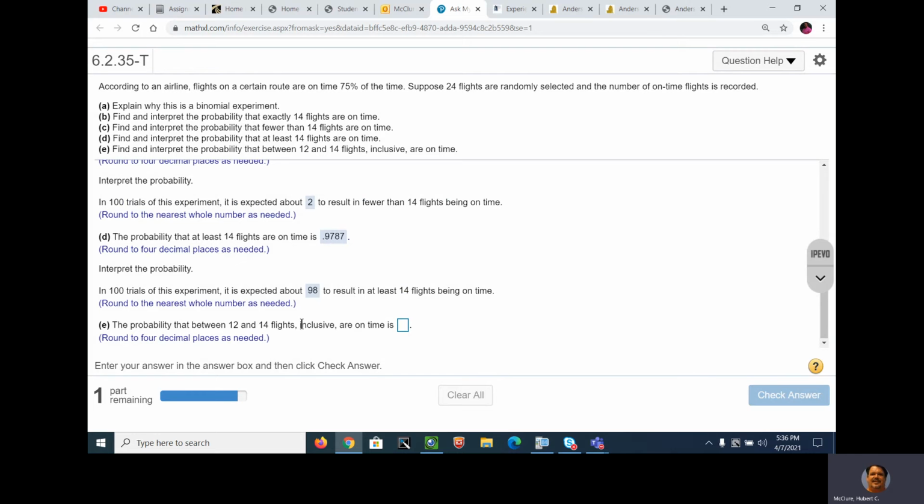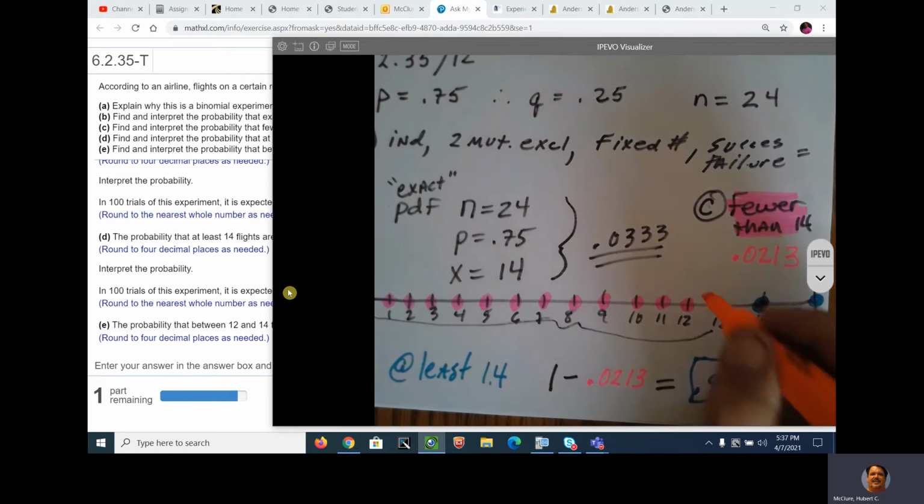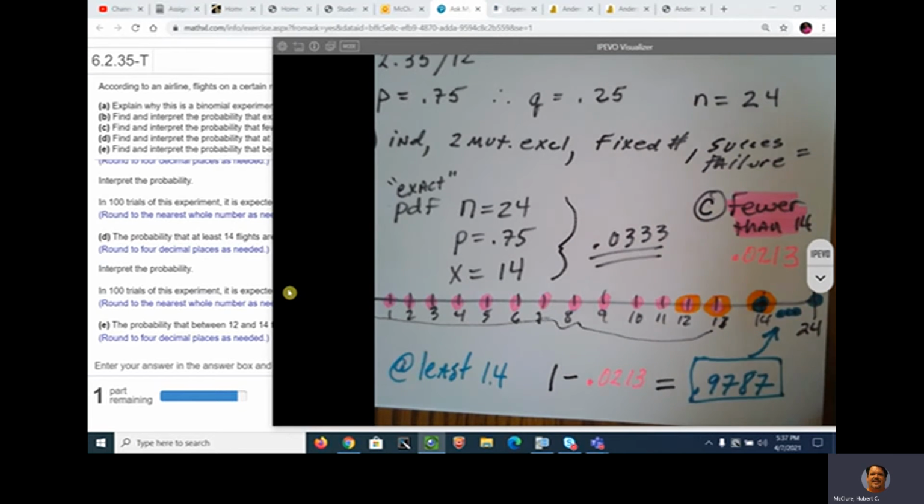And since they got inclusive, and we did this in my night class, inclusive means that you're going to include 12 and 14. So I'm going to take my handy dandy whiteboard and do 12, 13, 14 in orange.